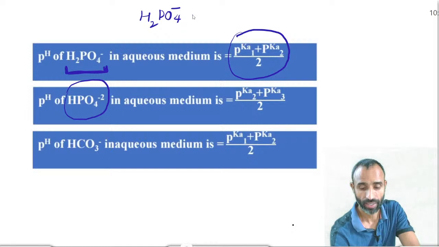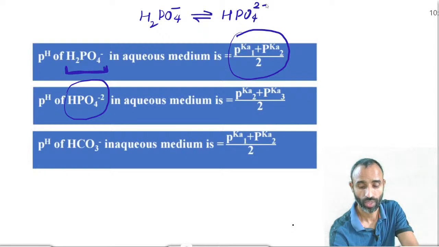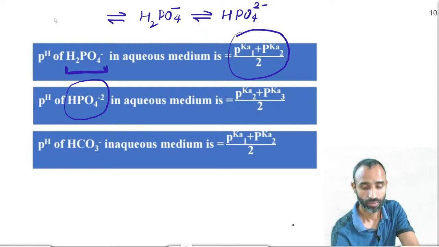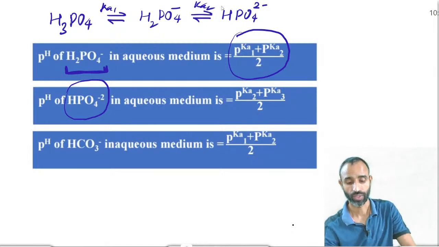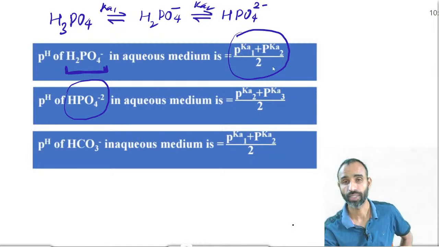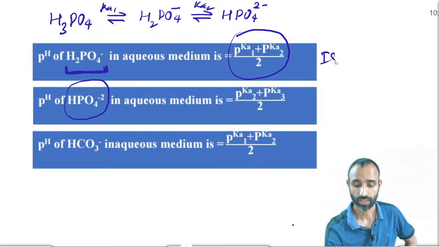H2PO4 negative can give HPO4 2 negative or H3PO4. So here it is Ka1, Ka2. We take into account pKa1 plus pKa2 divided by 2. This is the first equivalence point.